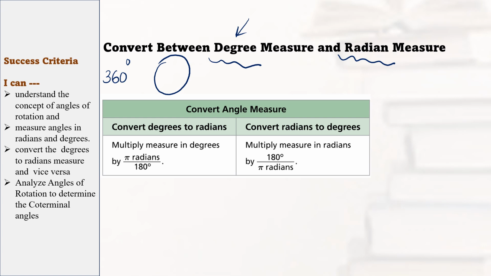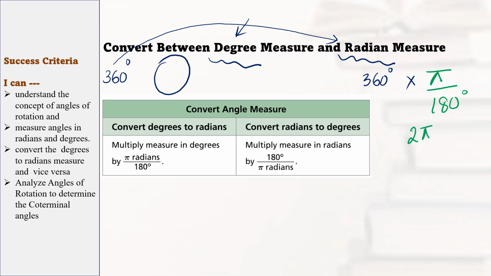If I want to convert this 360 into the radian measure, whatever degrees I have, I only have to multiply by pi over 180 degrees. This is the standard. So if I multiply 360 degrees by pi over 180 degrees, I will get 2 pi. And what is 2 pi? It is the radian measure.